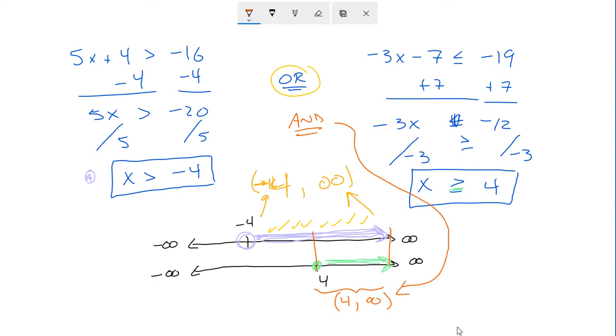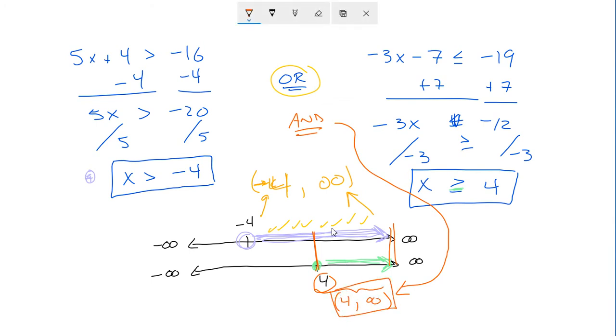Interesting, because one of them is inside the other, when you do the and, you're just going to get the smaller one, meaning the one with the bigger number. It gives you a smaller region because it's a little higher, so we're starting further up. When you have a system like this where one of the solution regions is inside the other, then for and, you need both, so it's going to be the intersection, which means the smaller solution region.